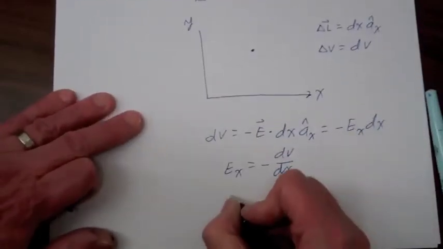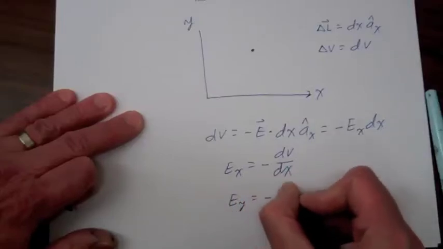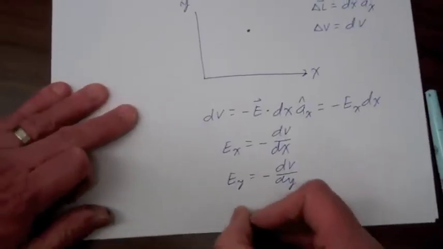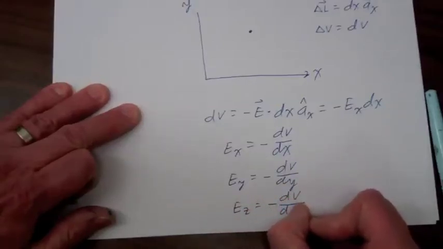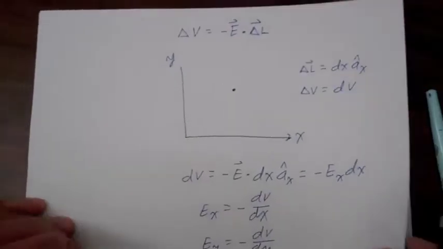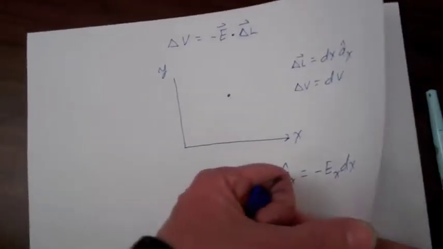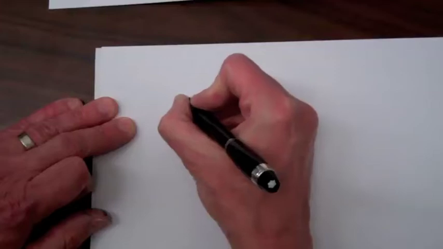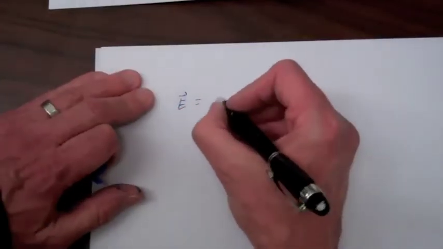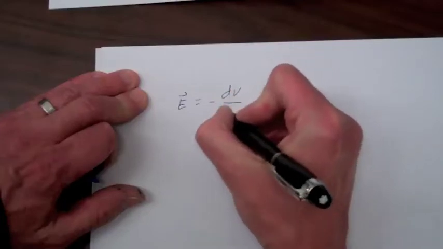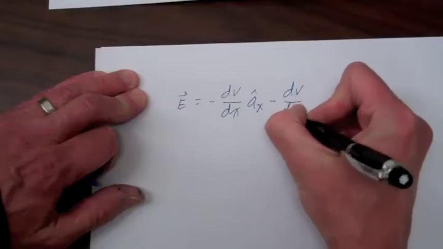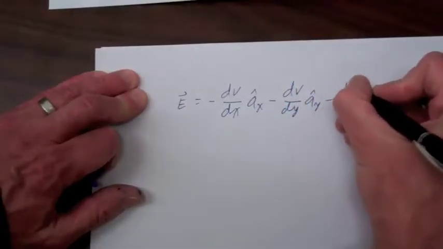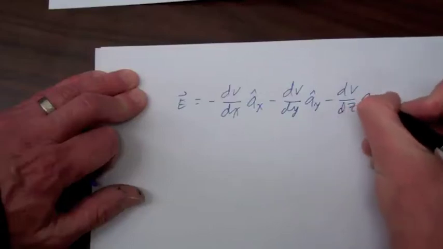You can make this argument for finding the electric field in the y direction and the component of the electric field in the z direction. So in Cartesian coordinates, to find the electric field given the potential field, E is equal to minus dV/dx in the x direction, minus dV/dy in the y direction, minus dV/dz in the z direction.